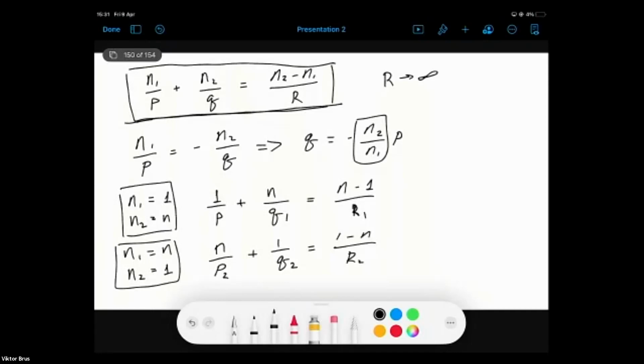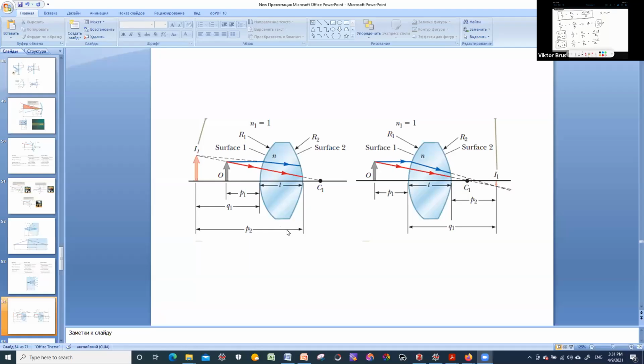If we come back to the slide with the image, we can see that P2, the distance from the image of the first surface to the second surface, will be equal to minus Q1 plus T. Minus Q1, because in this particular case Q1 is negative: the image is imaginary, a virtual image, located in front of the first interface.